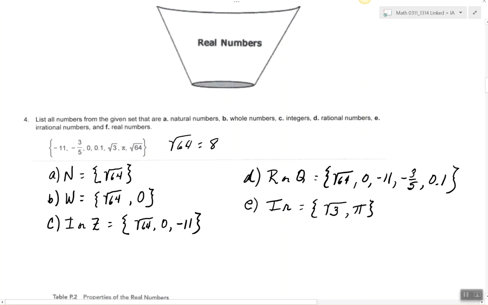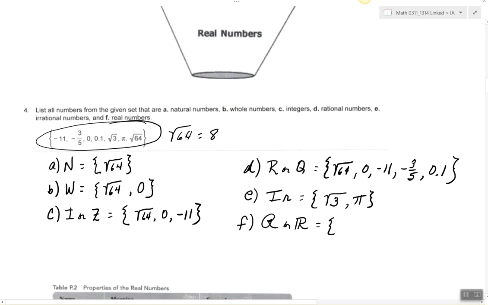Those are irrational. Final part is the real numbers, and we typically write a cursive capital R, or sometimes we will write an R with a double back on it. And everything up here, this entire set, is the real numbers.